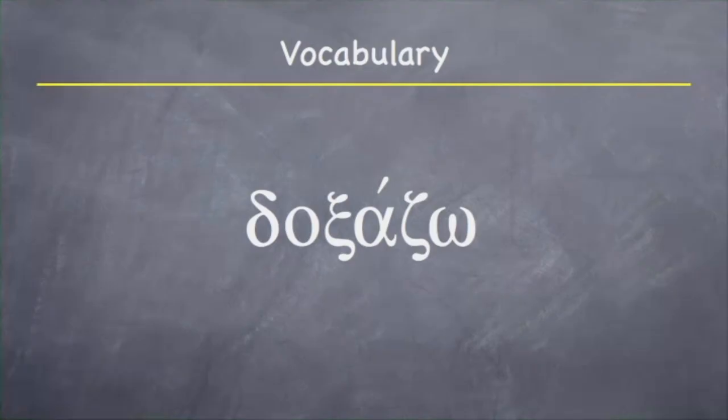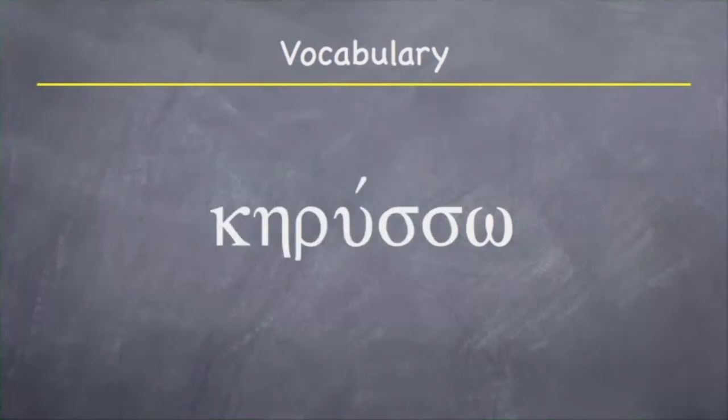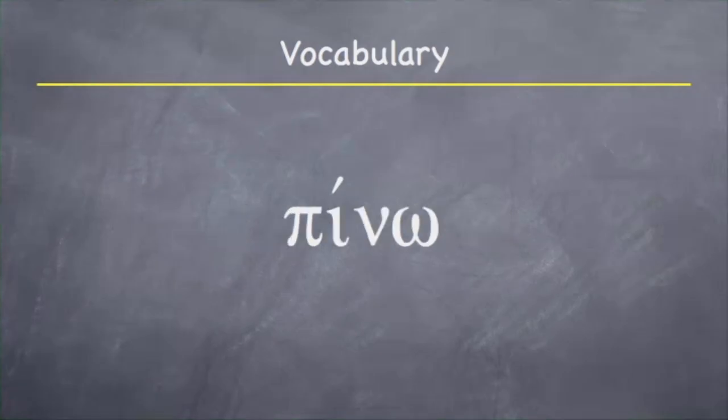Doxazo: I praise, honor, glorify. Dunamis, dunameos, he: power, miracle. Keruso: I proclaim, preach. Pino: I drink.